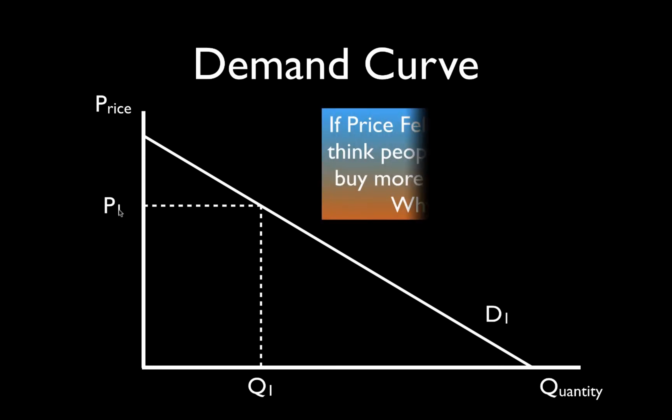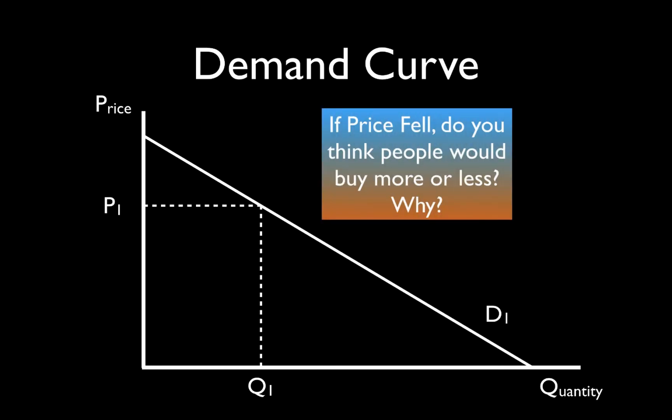Now, the next question becomes, if price fell, do you think people would buy more or less, and why? Pause the video if you want, but if the price of this good fell, what would happen? It has become cheaper, so more people would be able to afford this good, which means most likely more people would buy it. Secondly, it's become relatively cheaper compared to other goods because we are assuming a ceteris paribus relationship.